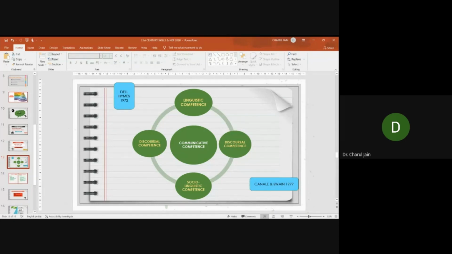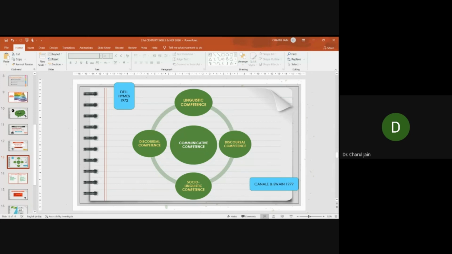Hymes in 1972, which was furthered by Canale and Swain in 1979, laid a lot of emphasis on communicative competence, and they highlighted that communicative competence is much more than linguistic competence, much more than rules of grammar, much more than accuracy of vocabulary.